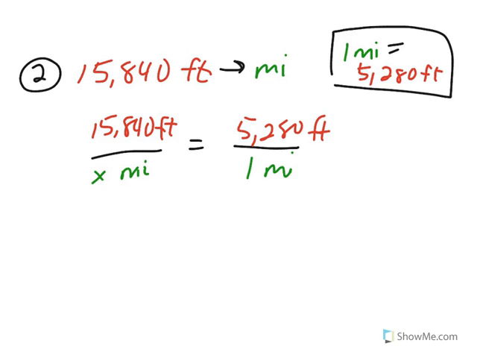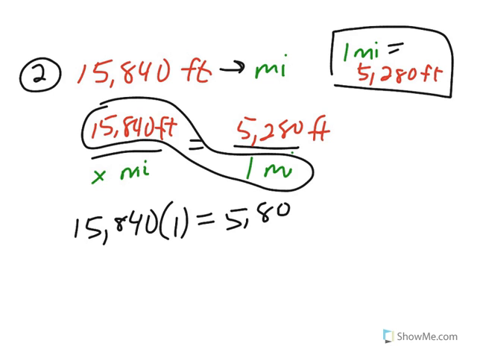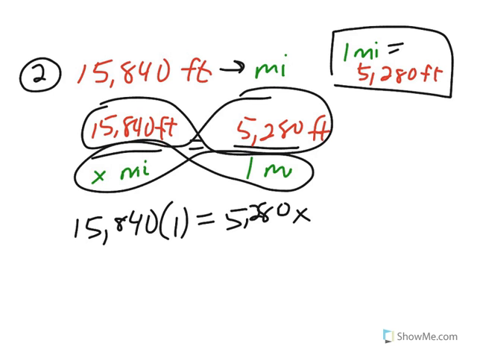You cross multiply to solve. So let's go ahead and cross multiply this. When I do that, I get that 15,840 times 1 is equal to 5,280x. So this is the proportion you have. It comes out to be that equation. 15,840 times 1 is just 15,840.